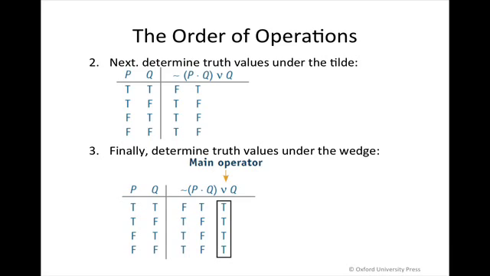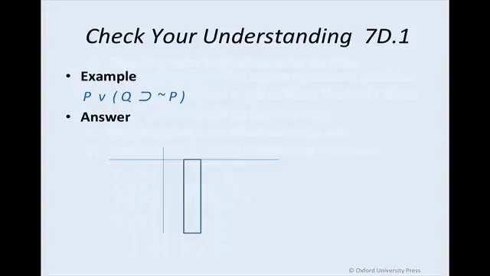We notice that the negation is always the opposite value of the sentence that's being negated. And then lastly, we see, just as we discovered for ourselves, that the disjunction comes out true in every instance. Let's try another one together.